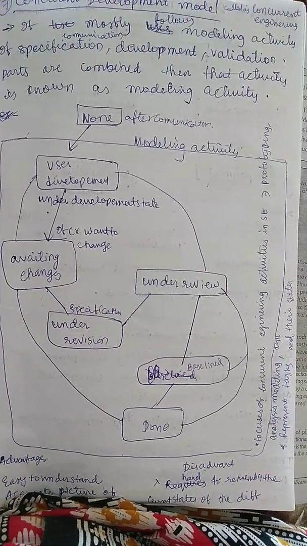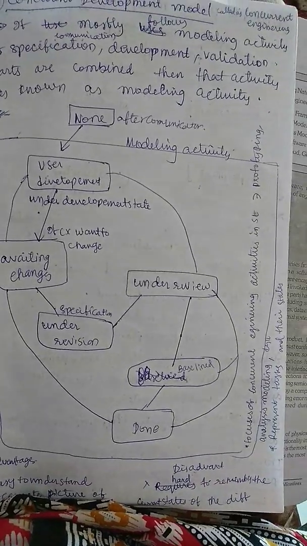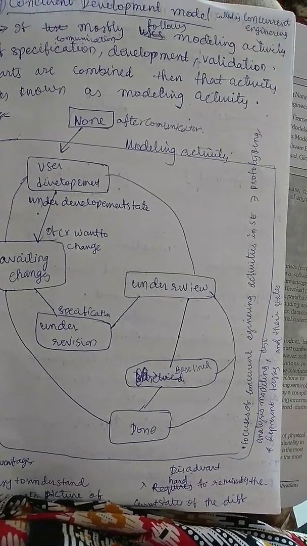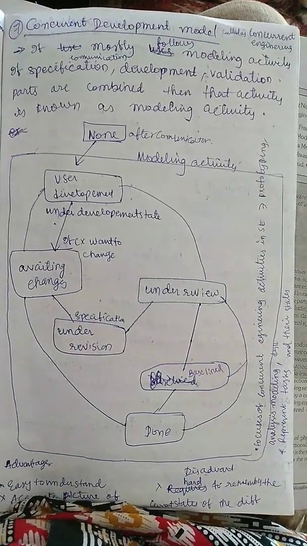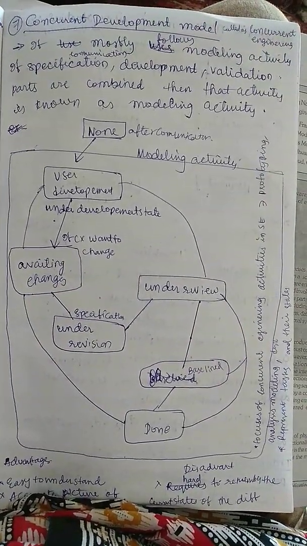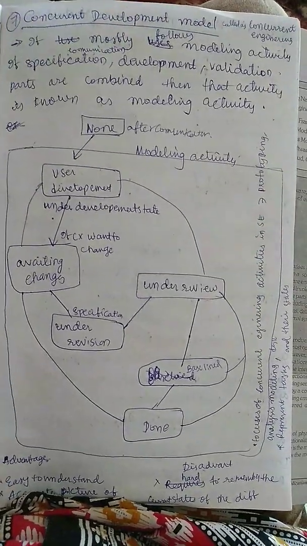And then what do we do in the concurrent development model? It represents the tasks and their states also. Like which task is given, we will take into consideration, and what is the state of that particular task will also be considered.